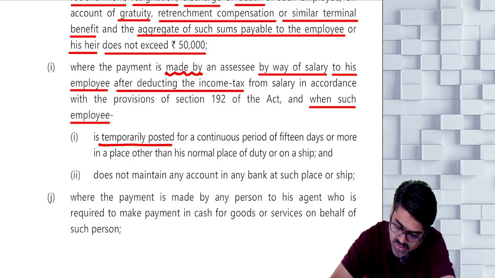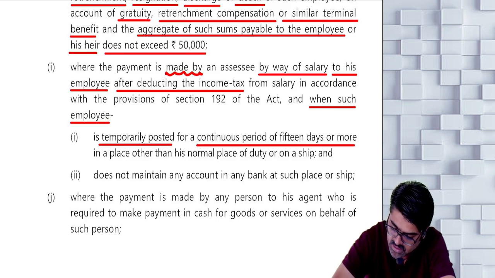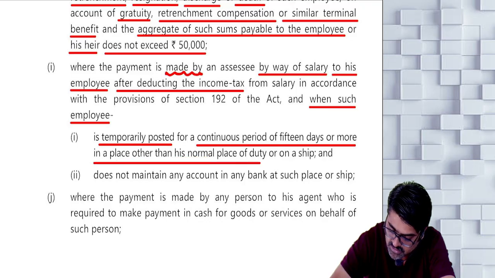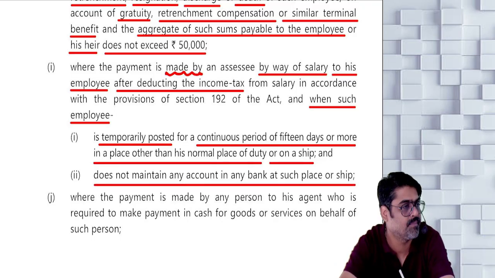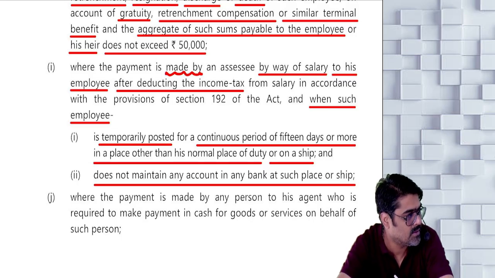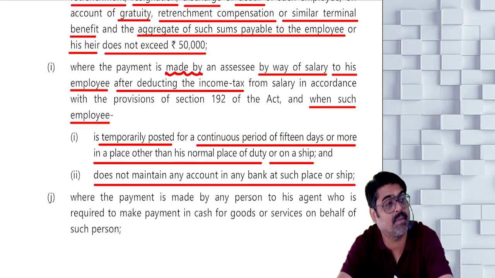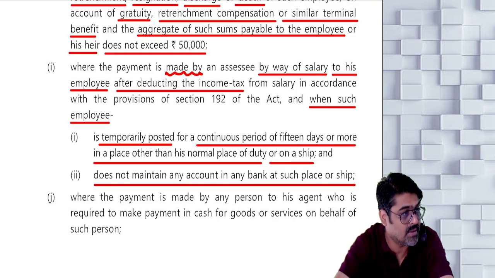Then when such employee is temporarily posted for a continuous period of 15 days or more in a place other than his normal place of duty or on a ship, and does not maintain any account in any bank at such place or ship. So when are you making that payment to your employee?